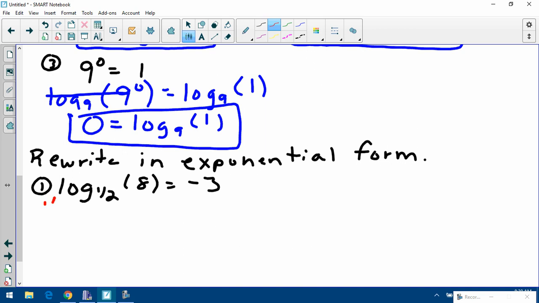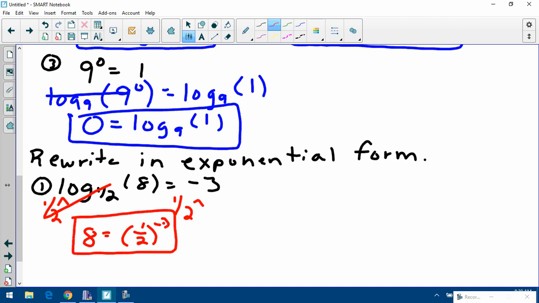I exponentiate both sides by 1/2, and this side cancels because the bases are the same. I'm left with 8 equals 1/2 to the -3rd. And just like above, if you're comfortable with skipping right to that step without showing that, I'm fine with it. But if logs are a little tricky for you, this will always work. 1/2 to the -3rd power is 8, because 2 cubed is 8, and the negative would flip it.